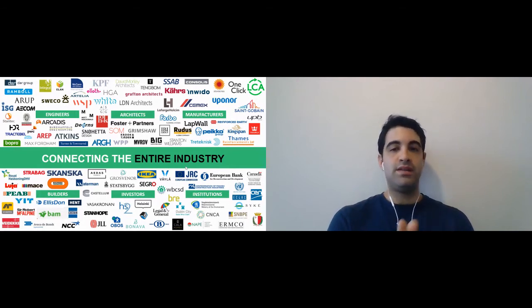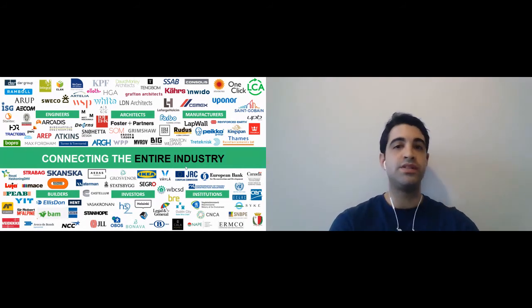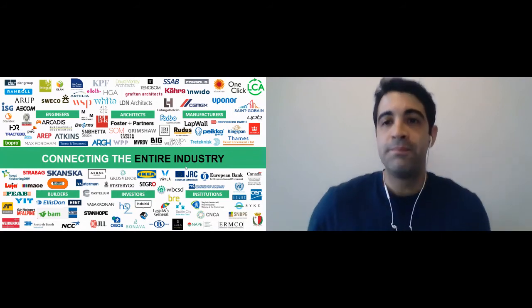And that's why in this picture you're seeing that we have engineers as customers, but we also have architects, manufacturers, builders, institutions, etc. Some of the names are quite well known here. You can see, for example, Rambo, Sweco, Skanska, etc. You know them quite well.